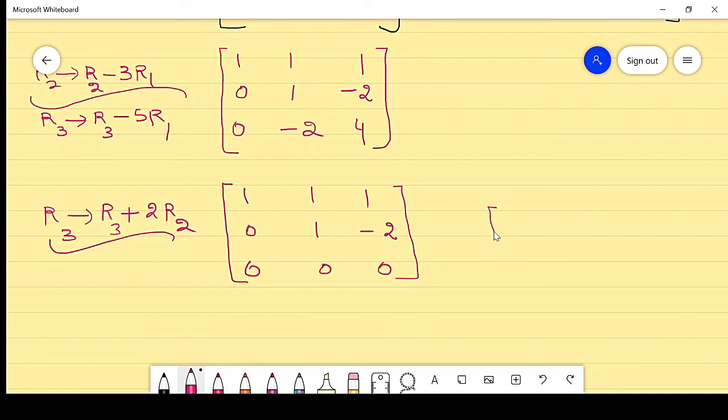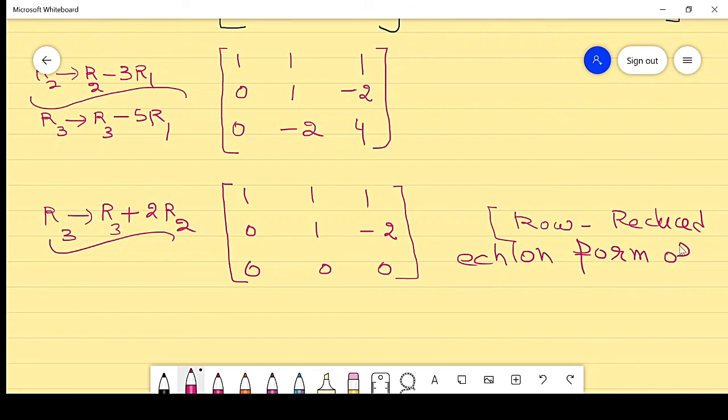So this is the row reduced echelon form of A dash. A dash means transpose of A.